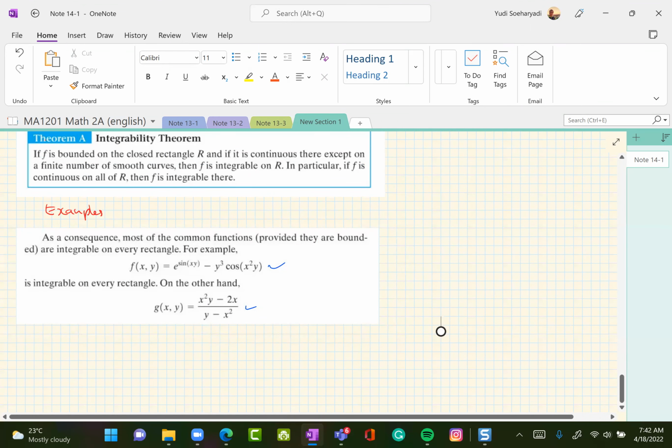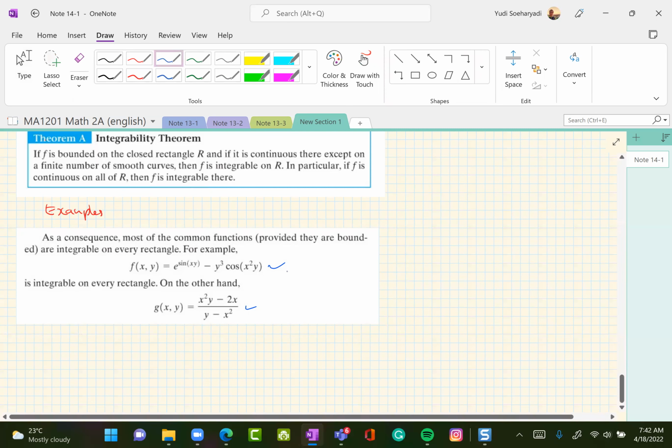So for this example, this one is continuous on any rectangle, therefore continuous and therefore integrable.